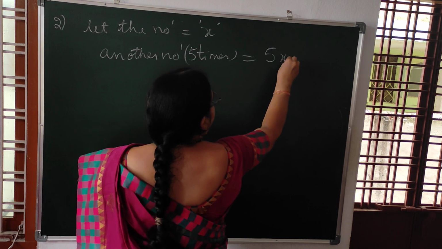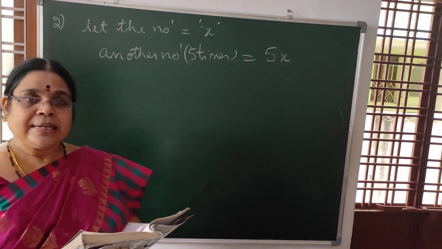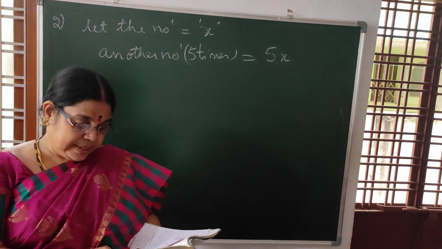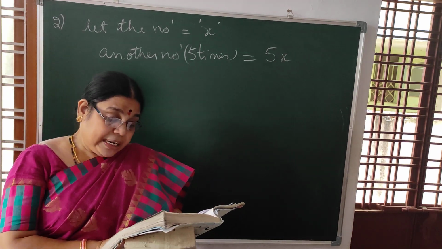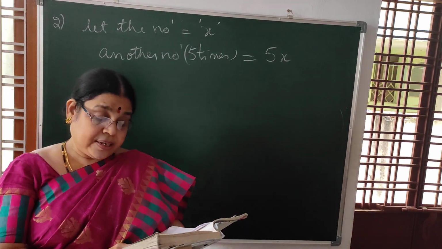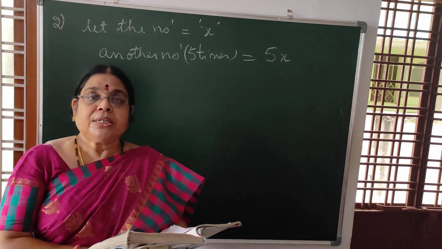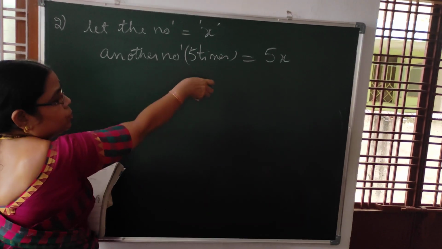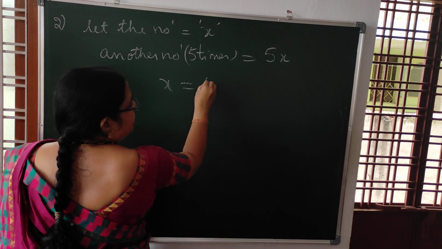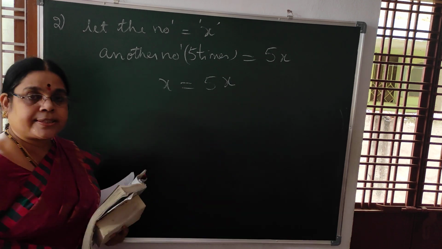So this becomes 5x. One number is x, the other number is 5x. So in the question itself, a positive number is 5 times another number. Here 'is' means equals. These two we are going to equate. x is equal to 5x.